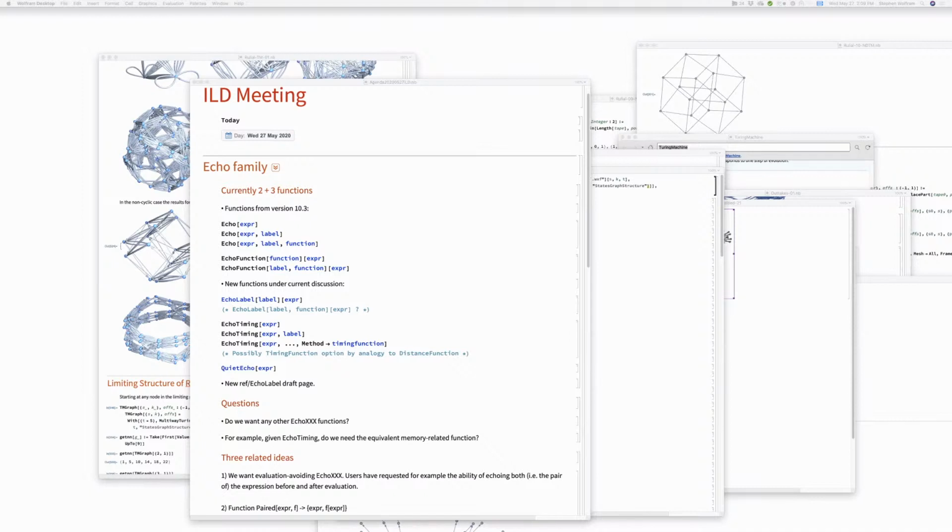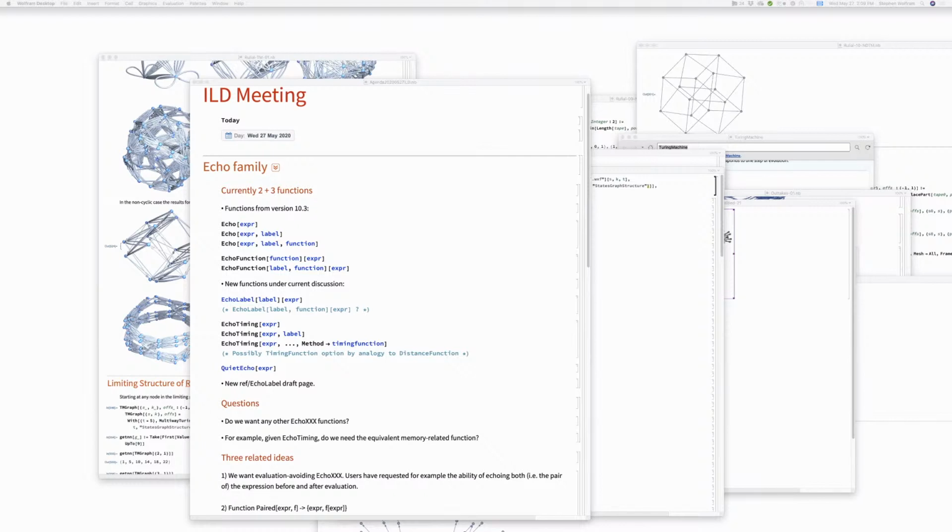And so we wanted to discuss with you a couple of very tiny questions, like the fact that EchoFunction has the structure function and then label function. I don't remember why we decided to have label function rather than function label. And so whether EchoLabel now should have one or two arguments in the first bracket.